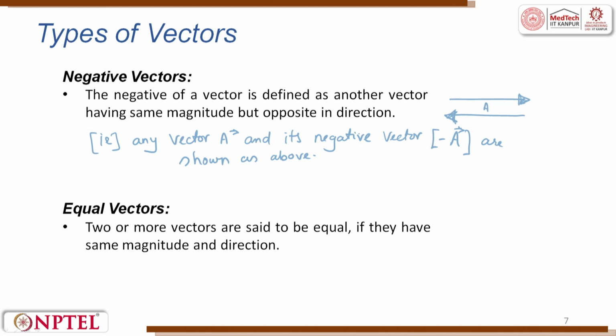Next is equal vectors. Two or more vectors are said to be equal if they have the same magnitude and direction.